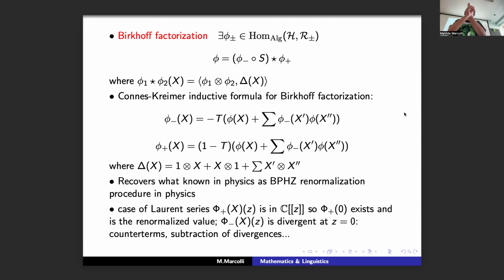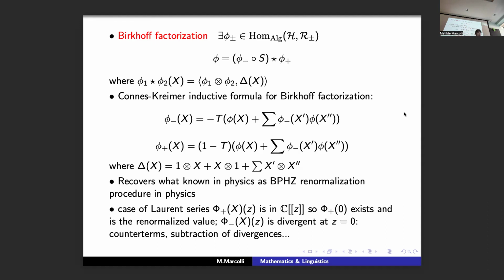And this is the way that you split into regular parts and the part that takes away the divergences. And so you want to show that this decomposition exists, and also that, up to a normalization factor, it is unique.